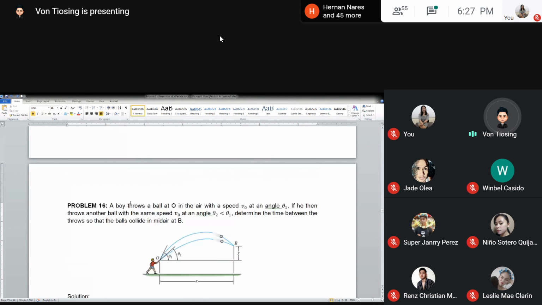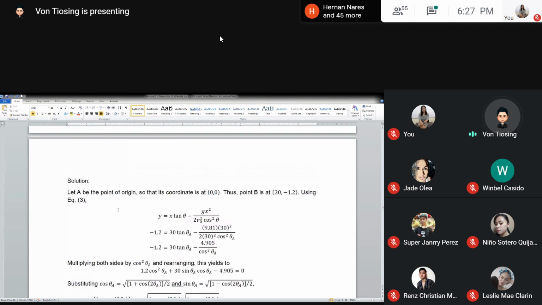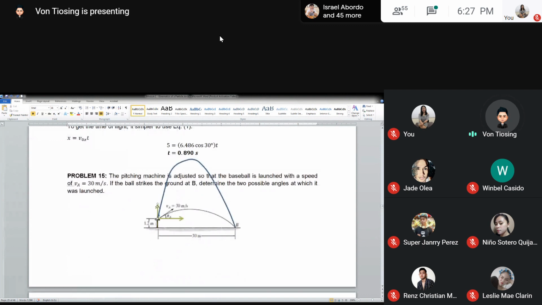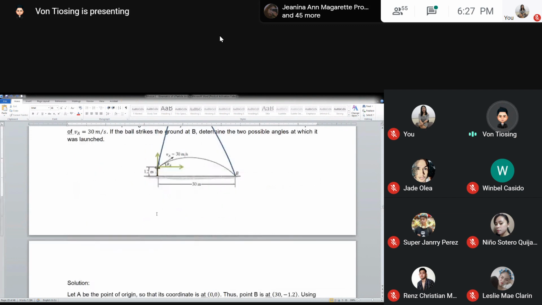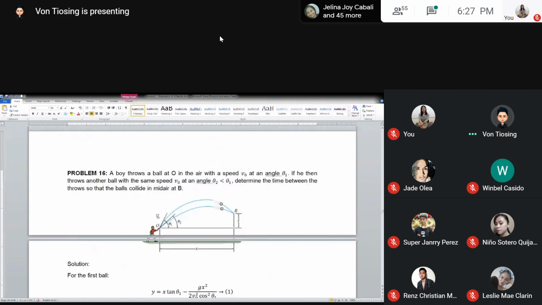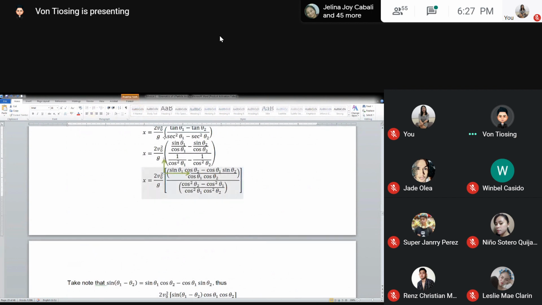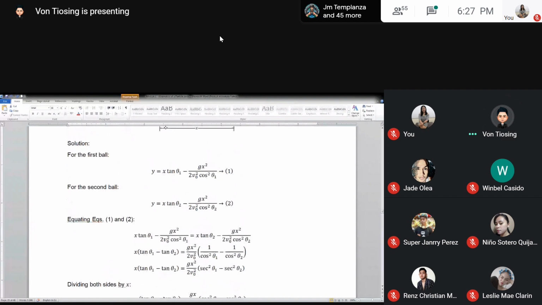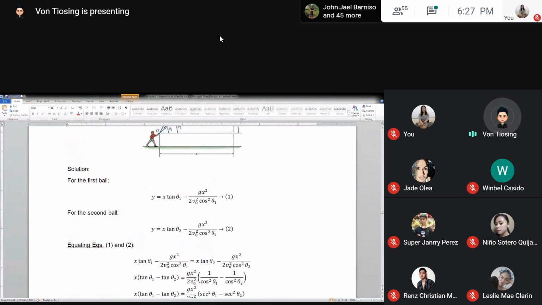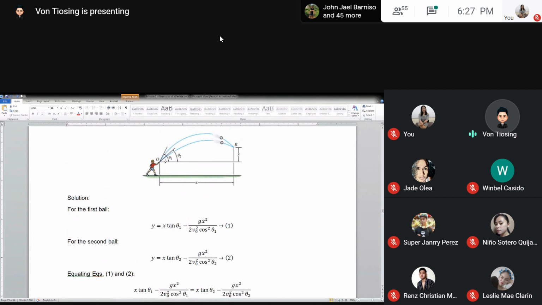The point here is, okay, if we are going to establish axis, dun sa point O yung gagawin natin dito, no? Ilalagay ko lang dito sa point O yung axis.